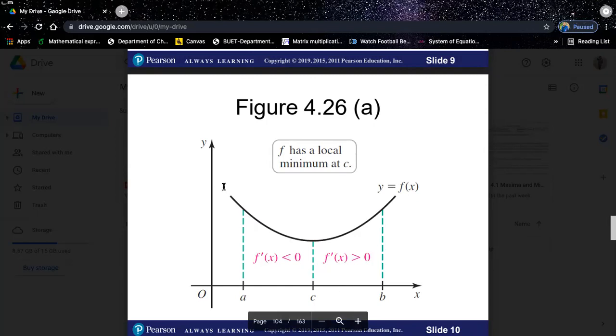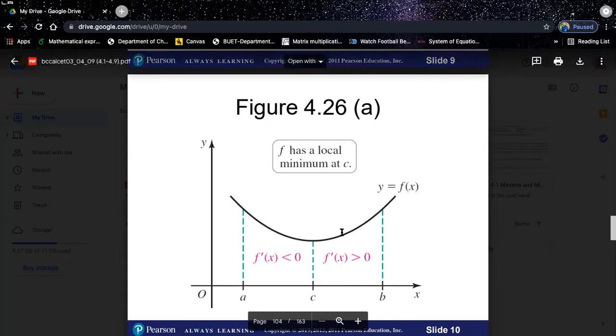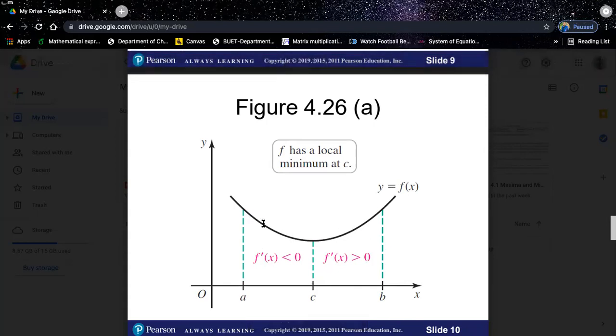The slope of the tangent line will be negative. That means the first derivative will be negative here. After C, you can see the first derivative is positive, because if you draw a tangent line, it creates an angle less than 90 degrees, right? Any point on this portion. So it goes from negative to positive after C, right?